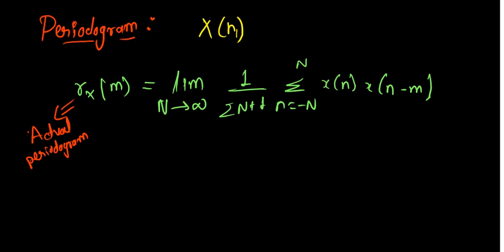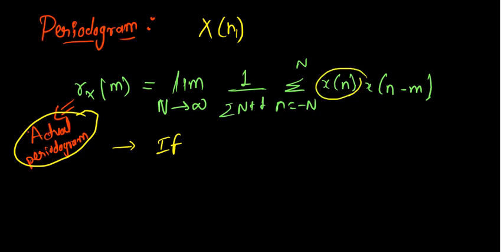So stay tuned. Now, this will be our actual periodogram and this won't be an estimation. But as we already discussed, in practical situations, it's not possible to have x of n available for all time. Let me write capital X of n for the random process so that there won't be any confusion.